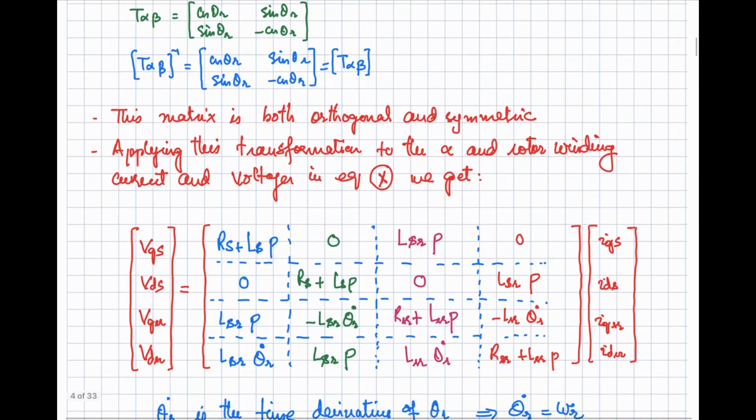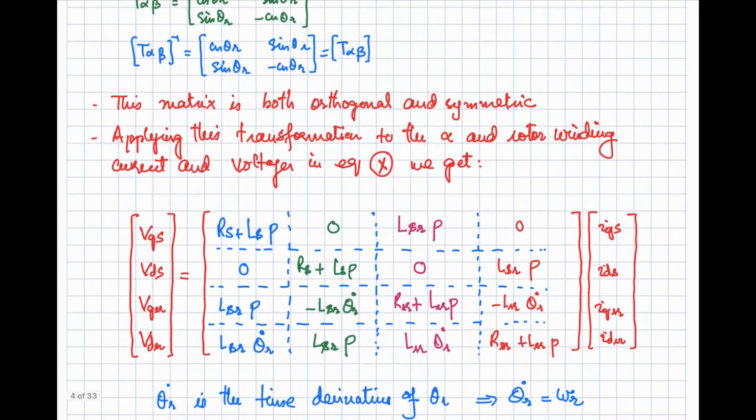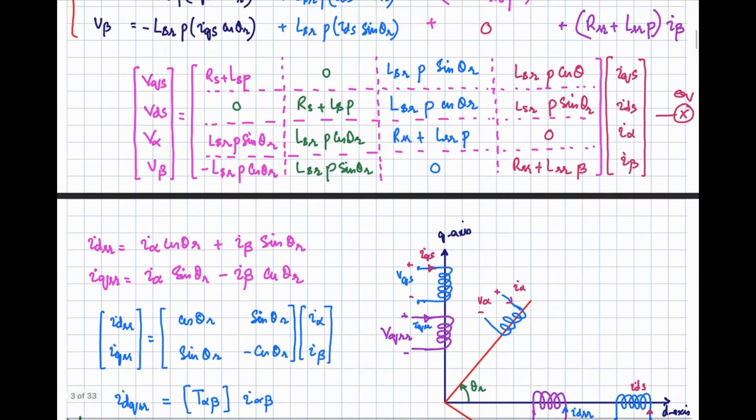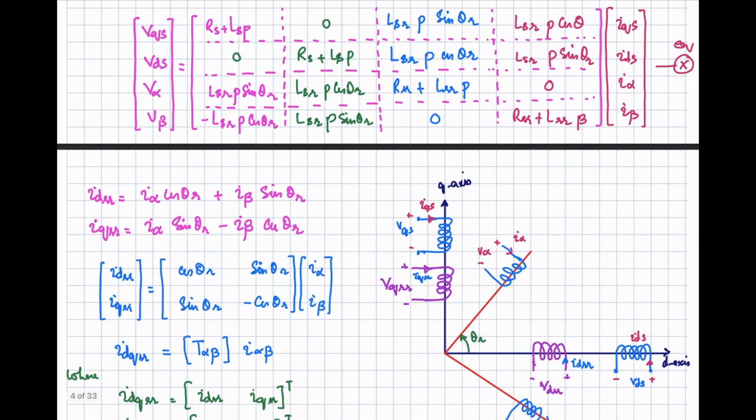Okay, now let's represent this set of equations that we have already obtained, V alpha and I alpha, I beta. So what we are basically going to do is apply the transformation over here, so that I alpha, I beta is translated in terms of IDRR and IQRR.